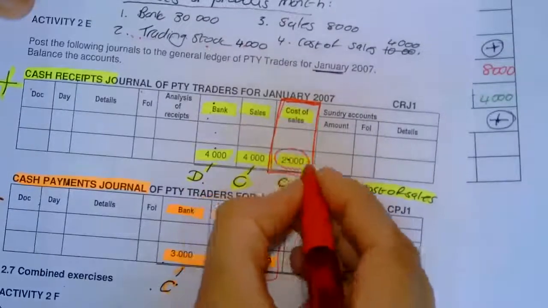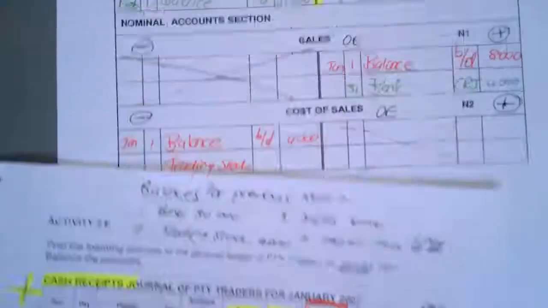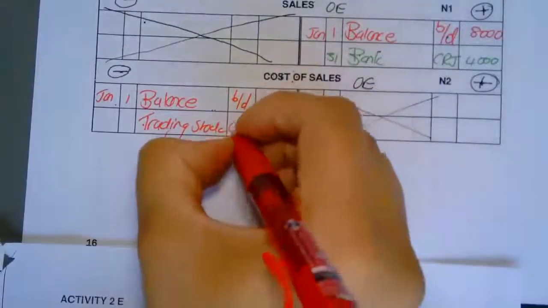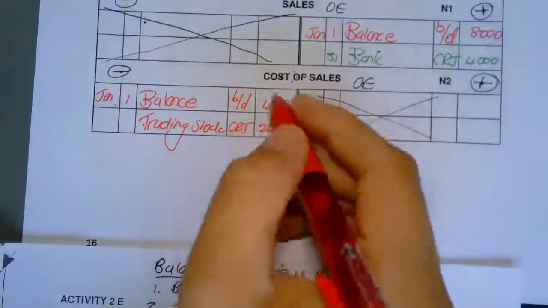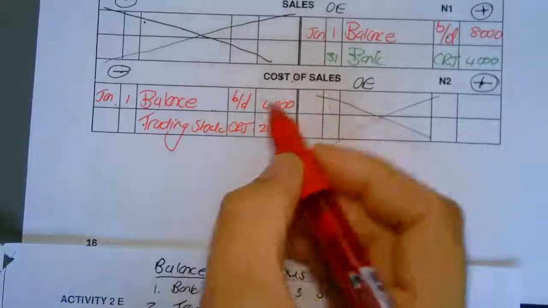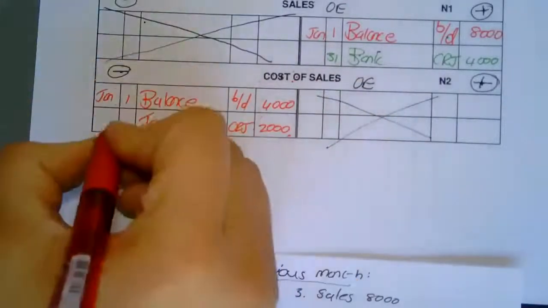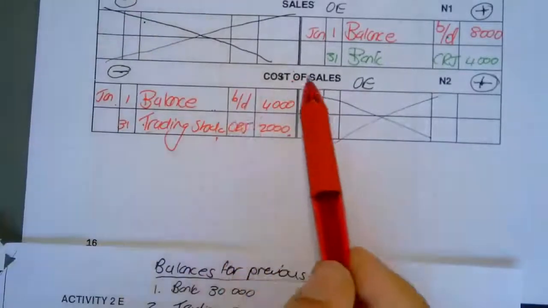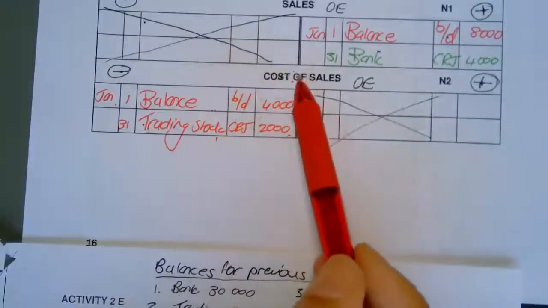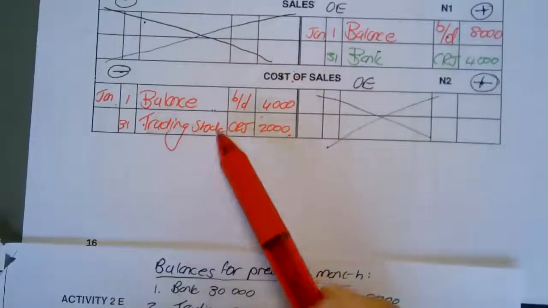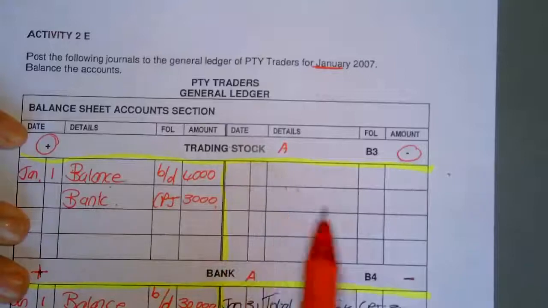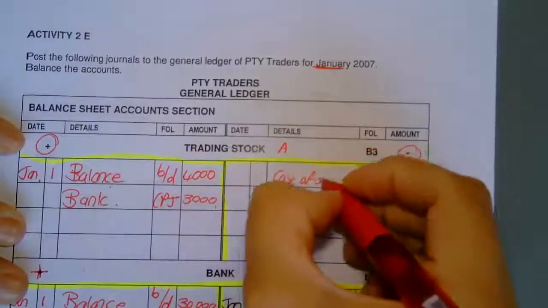But you're going to take this total and place it here, 2,000 Rand. So the cost of the sales was 2,000 Rand. What was the sale? It was trading stock, on the 31st of January. But remember in accounting, if one account is debited, the other account must be credited. So if cost of sales is debited with trading stock, then trading stock must be credited with cost of sales.